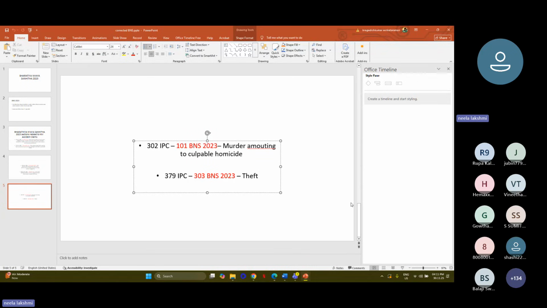In that case, we have to be alert and take the defense that it is not a road traffic accident and it is murder. For such cases I have given the murder reference here, 101 BNS 2023. Another section is 379, for those who deal with OD claims, theft. For theft, the new section is 303 BNS 2023. This is regarding the new BNS.